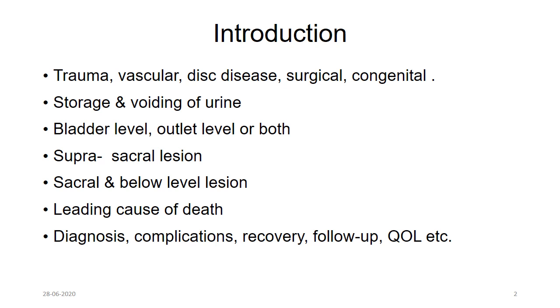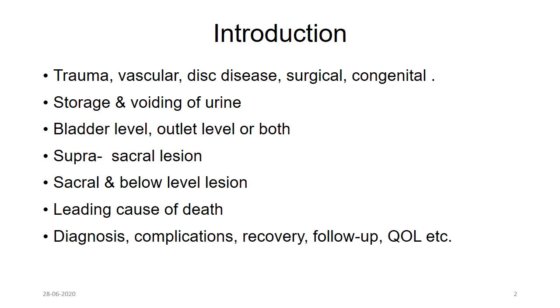The normal functions of the urinary bladder are to store and void urine under normal pressure. The bladder dysfunction may occur at the bladder level or at the outlet level, sometimes at both levels.